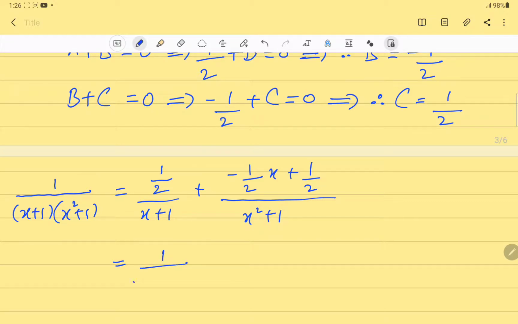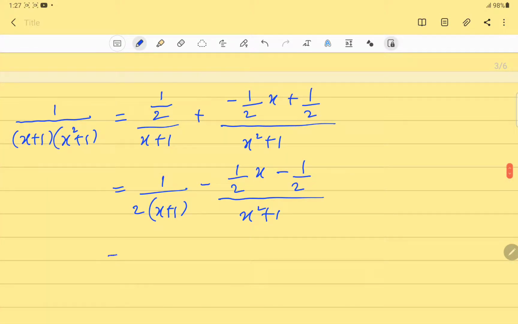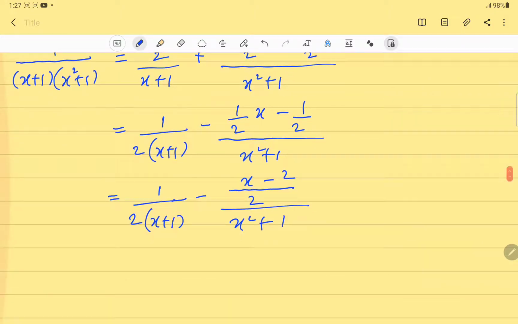Here this 2 will come down. We will take minus common here, so we will be having 1 over 2 x minus 1 over 2 over x squared plus 1, minus, we will take LCM here, so we will get x minus 2 over x squared plus 1.